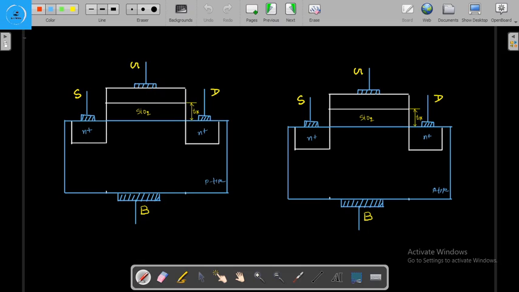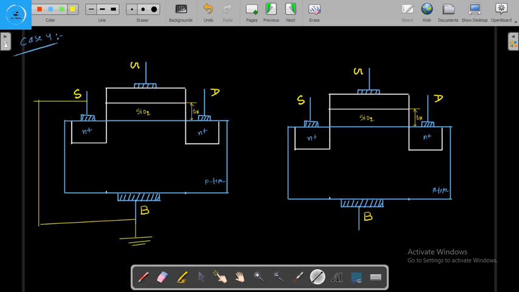So I am assuming the case number four here. In case number four, first we make the connection. As from the beginning, we connect the source to the body, and we keep this body at the ground. Why the ground, or why the lowest voltage among all four terminals?